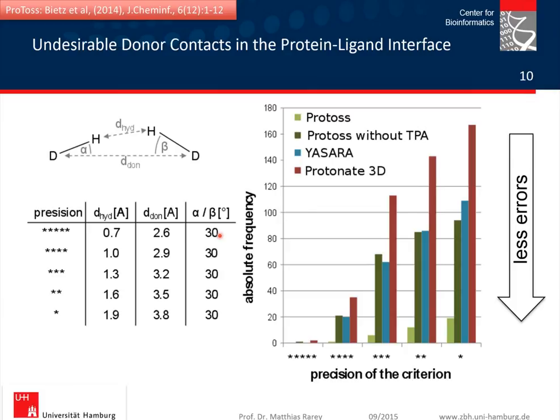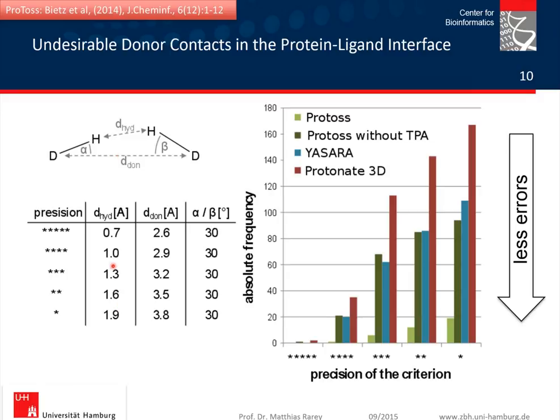So I've just picked one slide to give you an idea how important this is. I show you here undesirable donor contacts in protein-ligand interfaces. Such a contact is undesirable if the contact between the heavy donor atoms is closer than a certain value, and then you have small angles here so that the donors actually point to each other.